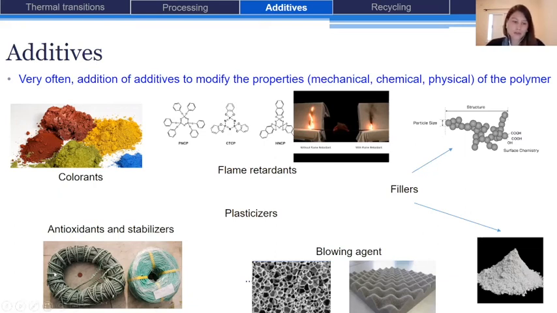On the left part of this slide, you can also see the example of antioxidants and stabilizers, because polymers are susceptible to degrade either due to the actuation of UV light or thermal oxidation, and it will cause the decrease of the molecular weight of the polymer. The chains will be broken due to the action of oxidation, of light, and so on.